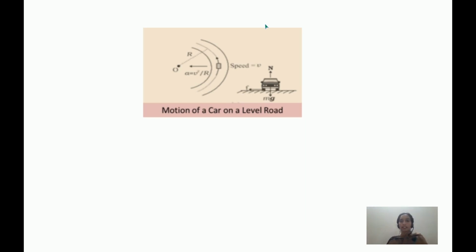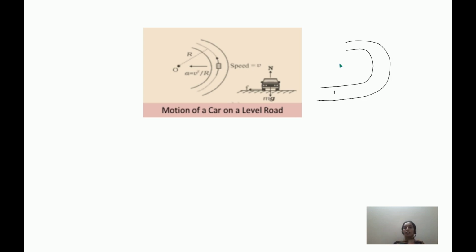See, the point is, if a car is moving on a curved road, we can imagine it as some part of a circle. If there is a straight road, it may take a turn like this, so it can be imagined as part of a circle. And we already studied something called circular motion.